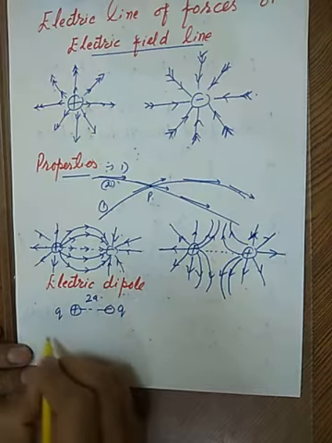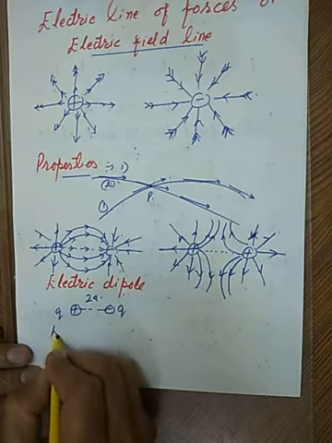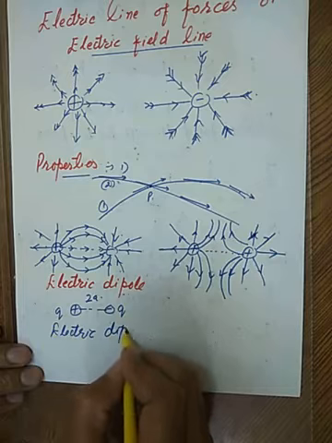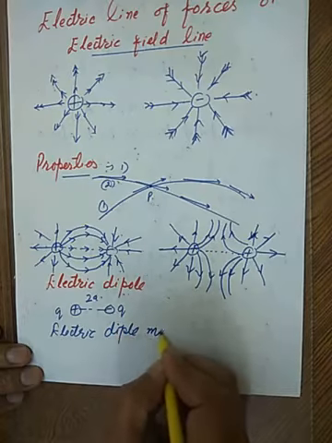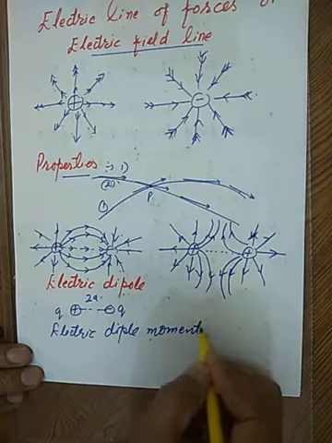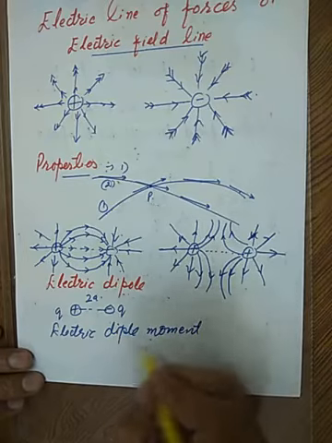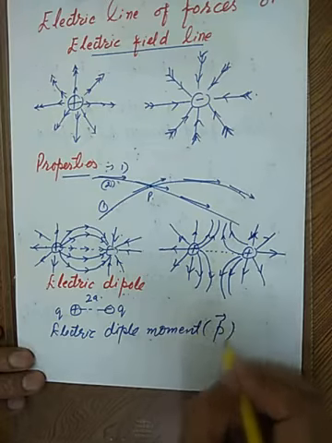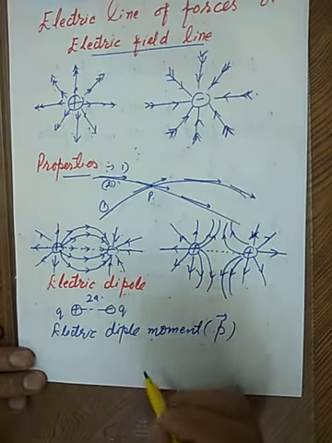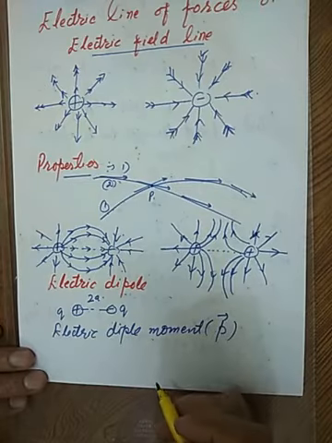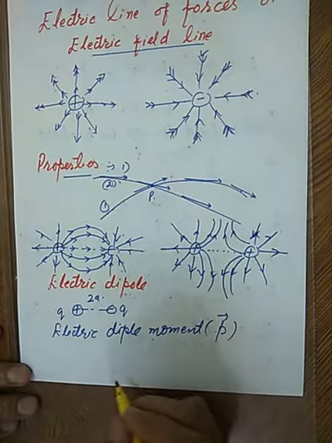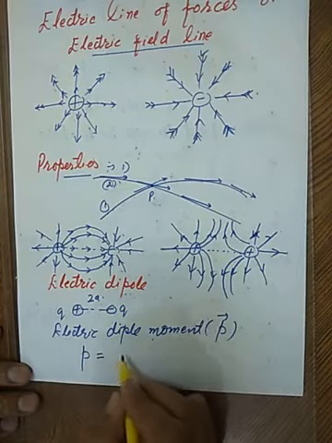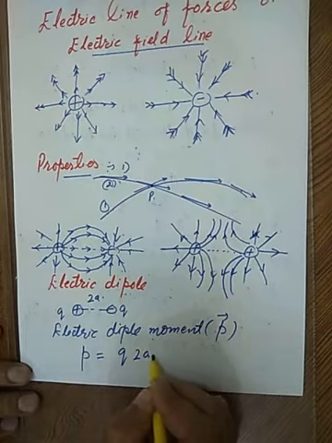Electric dipole moment. We denote this physical quantity with the letter P. This electric dipole moment is a vector quantity. It can be written as P equals q into 2a.